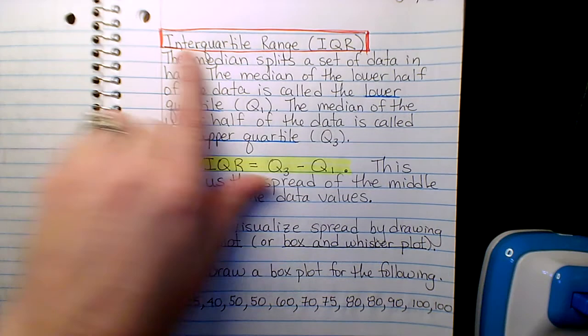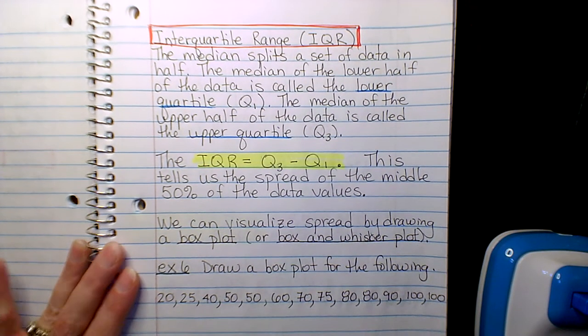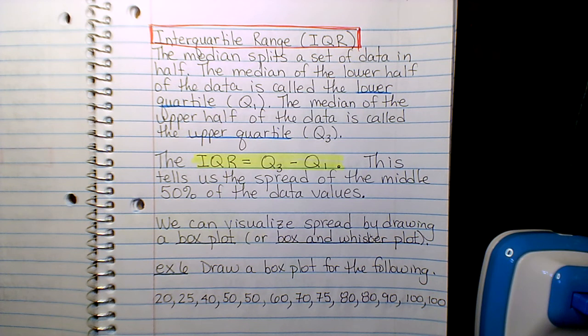Your book takes a little deviation of its own here. The interquartile range. That's another measure of spread. And this is actually most helpful in telling us how spread out certain quartiles are.